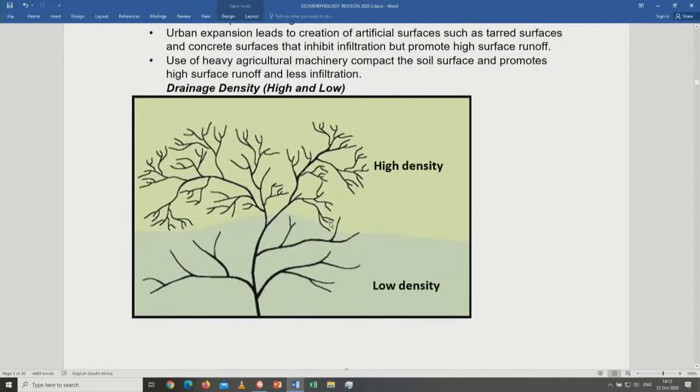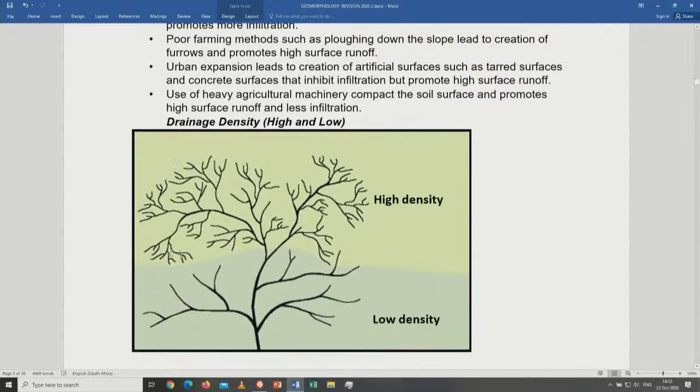And then if you look at the structure, we're having high density and also low density. What caused the high density, and also what causes the low drainage density over here? We have already done that. We said we look at the surface here.